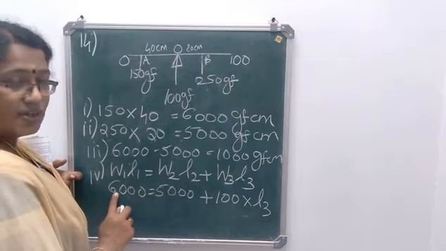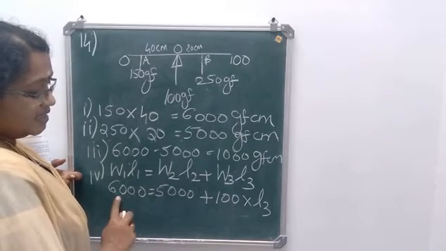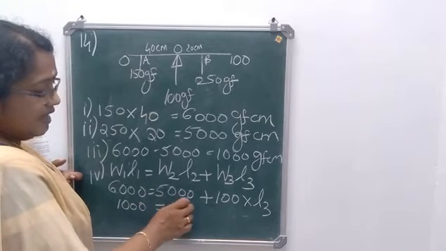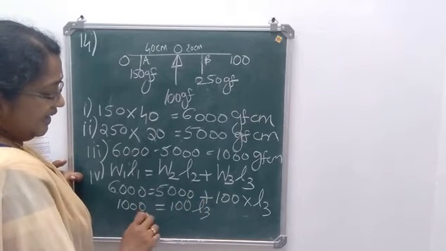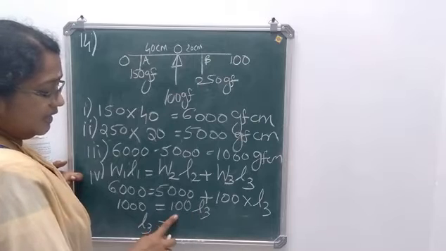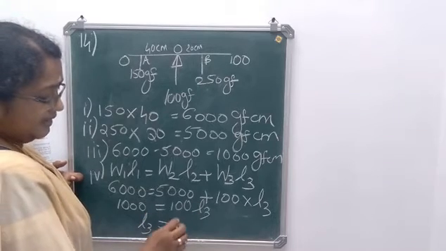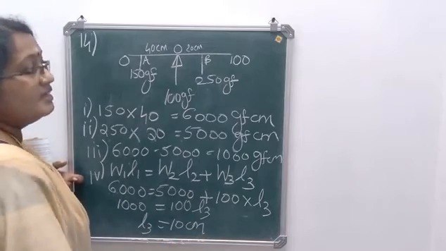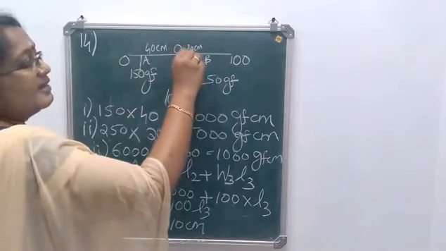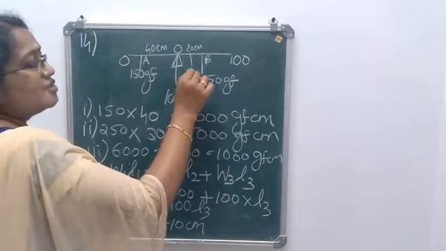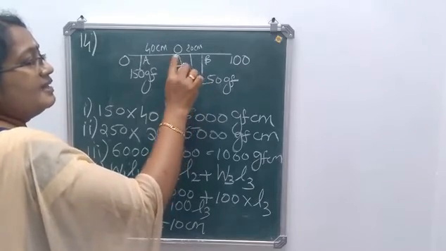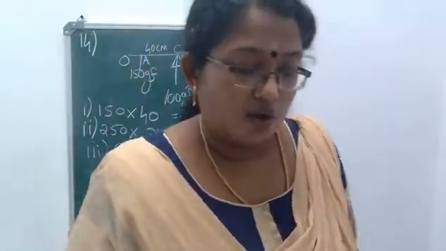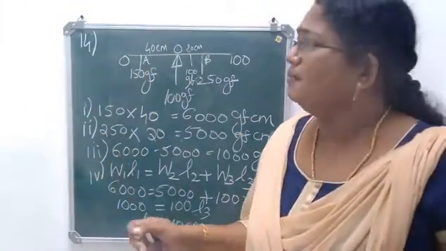So 5000 can be taken this side. 6000 minus 5000 is 1000. 1000 is equal to 100 L3, or L3 is equal to 1000 by 100, which is equal to 10 centimeter. That means this 100 gram force weight has to be hung at a distance of 10 centimeter from the pivot on the right side. Okay.